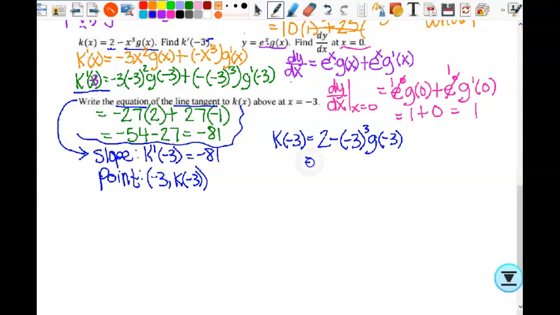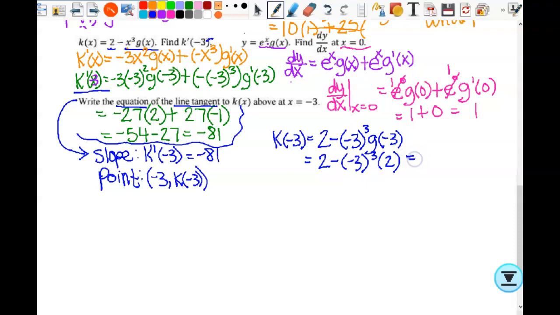So then what is g of negative 3? 2. So even though 2 minus negative 3 cubed times 2 is a safe stop, I definitely don't want to substitute that in when I write the equation of a line, right? So you kind of use your brain about a safe stop.